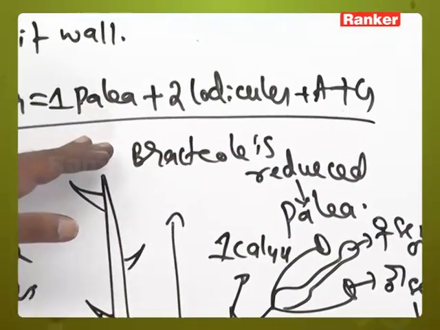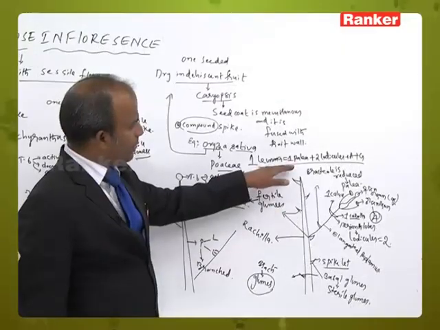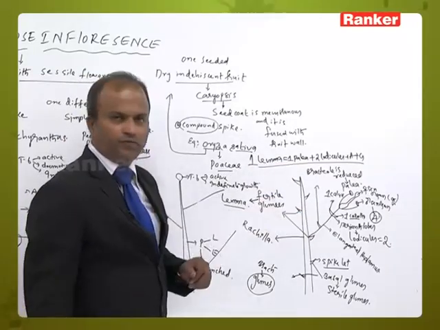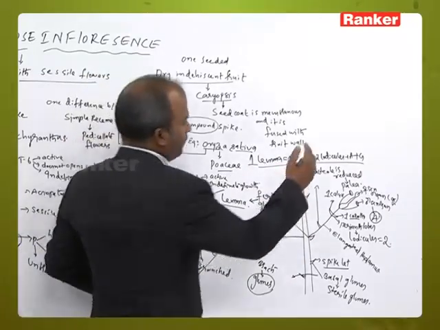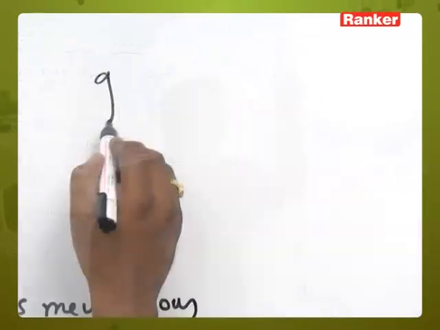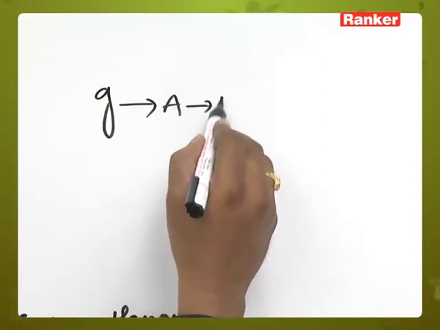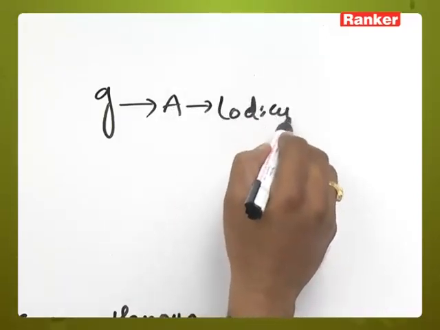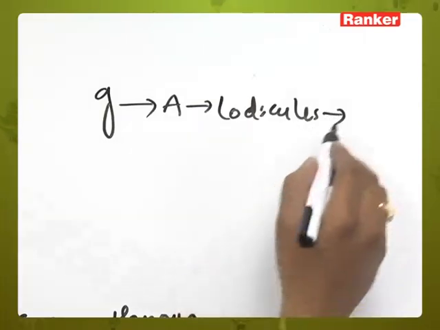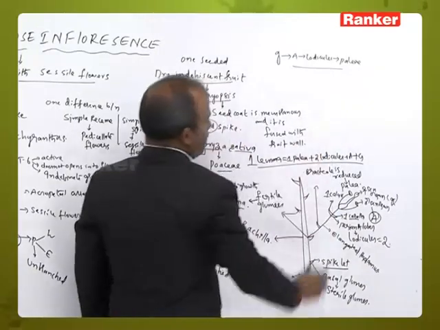Arrange the floral parts in descending order in this flower. What is the first part? The first one is gynoecium, the second is androecium, the third is lodicules, and the fourth is palea.